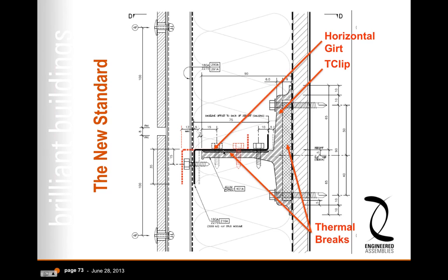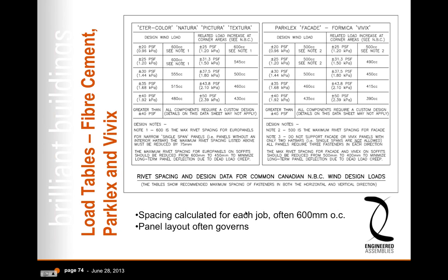The key part for the installer is that this is adjustable, which is going to make sure that a wall that is not straight, and none of them are, can still be constructed in a very timely fashion. We provide the load tables for the vertical girts and the fasteners.